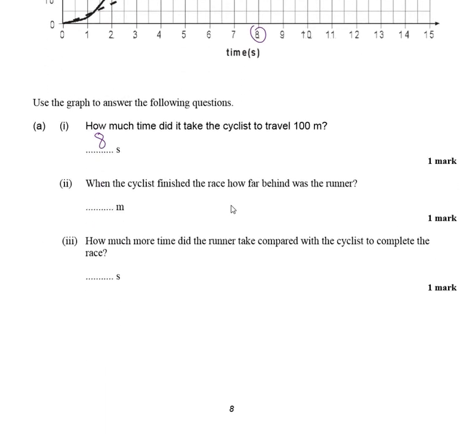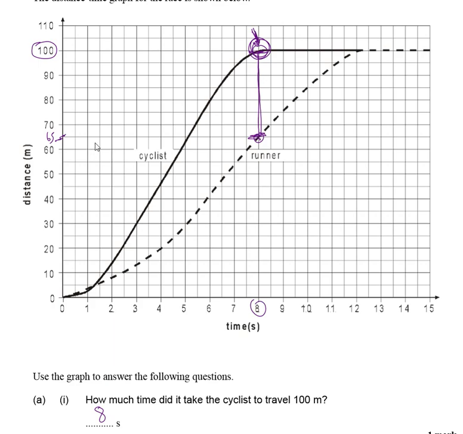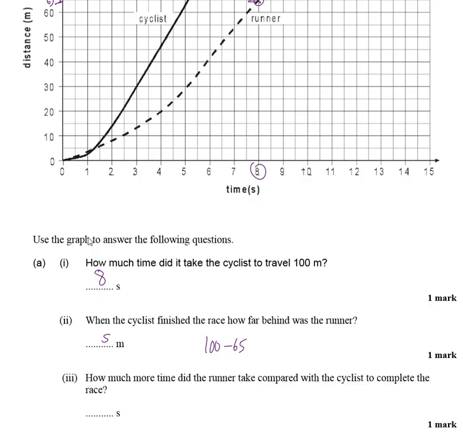So it is 100 take away 65. Let's check. 65. So therefore, the answer is going to be 35.